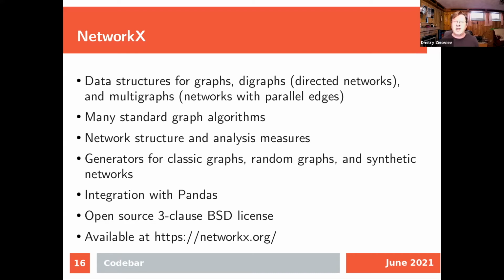For example, it can generate random graphs with specific properties. It can generate synthetic networks. It is nicely integrated with pandas. If you know anything about data analysis, then you probably have heard that pandas is pretty much the default data analysis tool in Python. So NetworkX is nicely integrated, and it is distributed under BSD license, which means it is free.